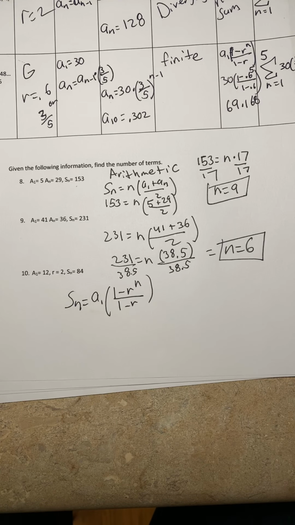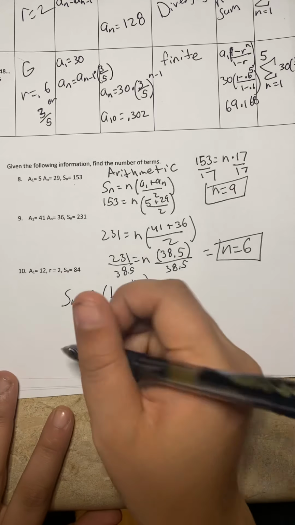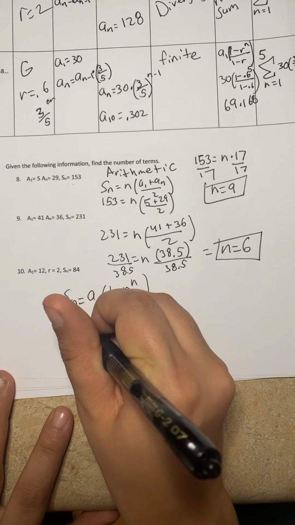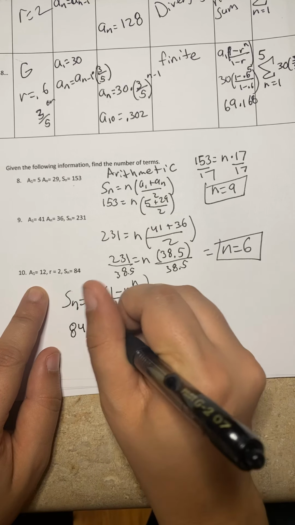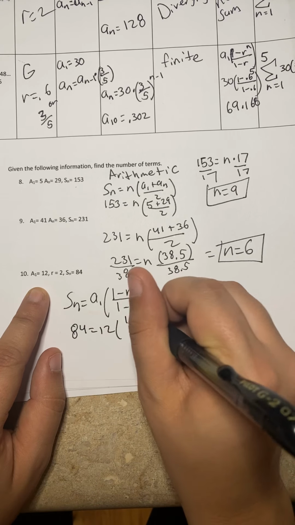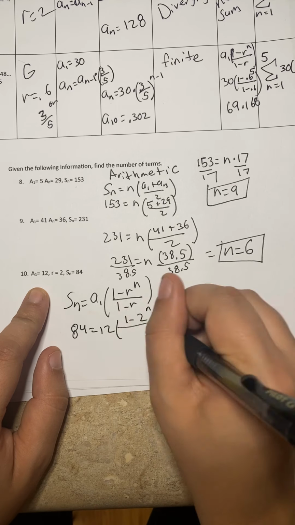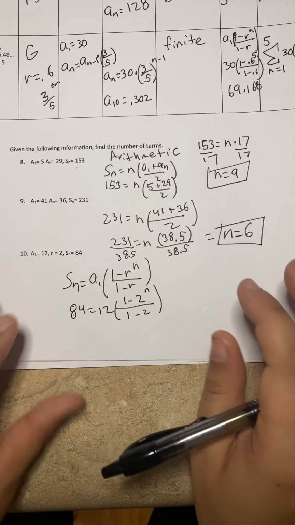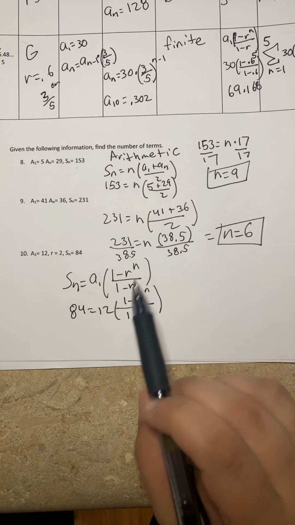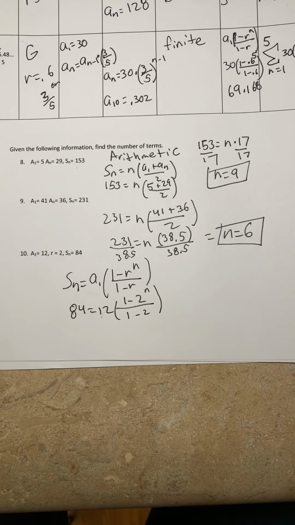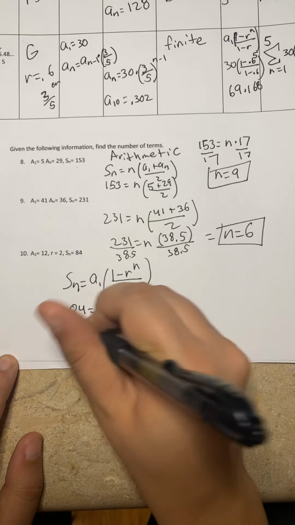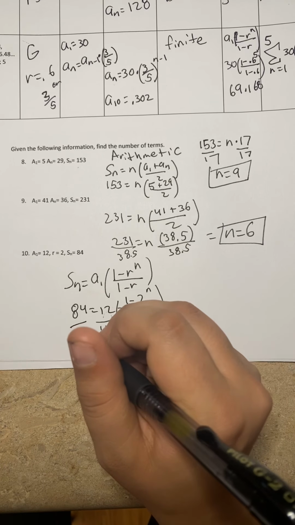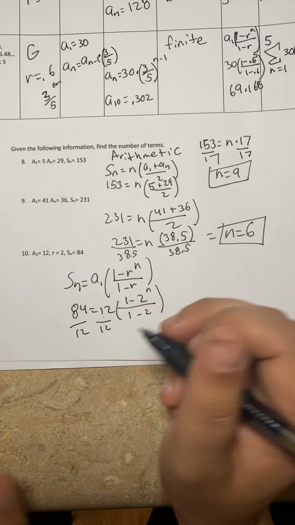All right, so we have s sub n is 84 equals a sub 1, which is 12, times 1 minus 2 to the n power over 1 minus 2. First, I need to get rid of what's outside the parentheses, so I'm going to divide by 12 on both sides. 84 divided by 12 gives me 7.